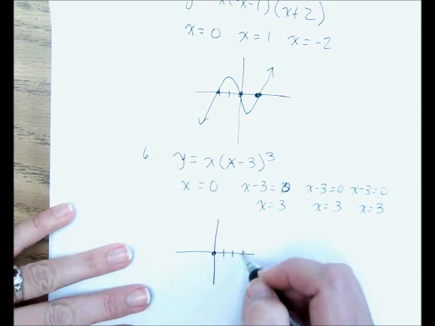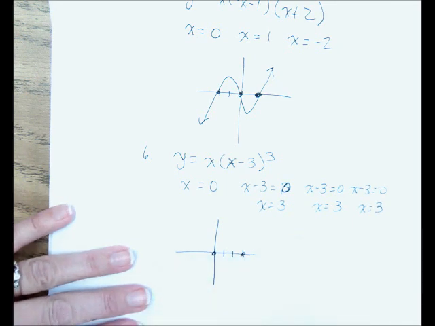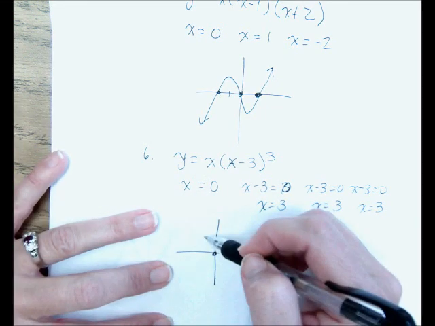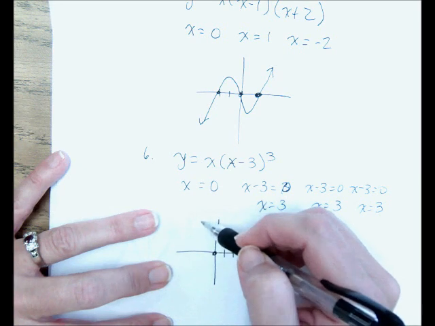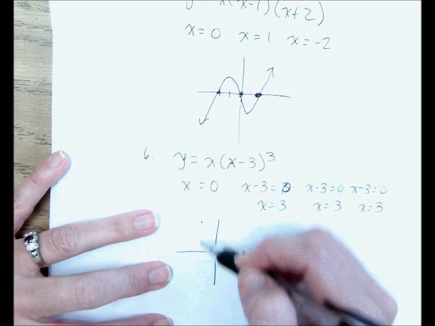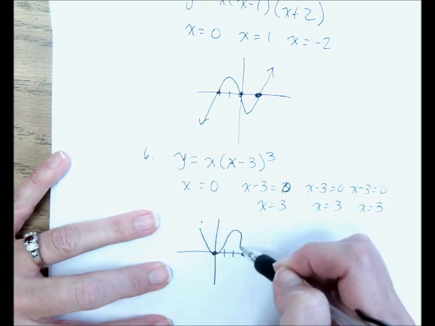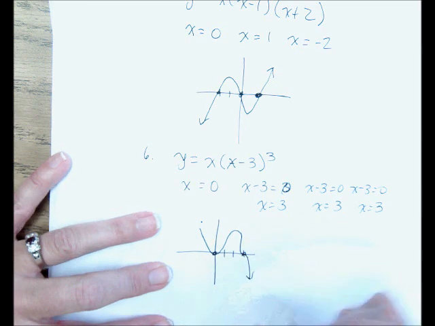And when I get to the point 3, 0, it's going to actually squiggle. Now, my leading coefficient is going to be even, so they're both going to end up in the same way. They're positive. So it's going to look something like that, right there.